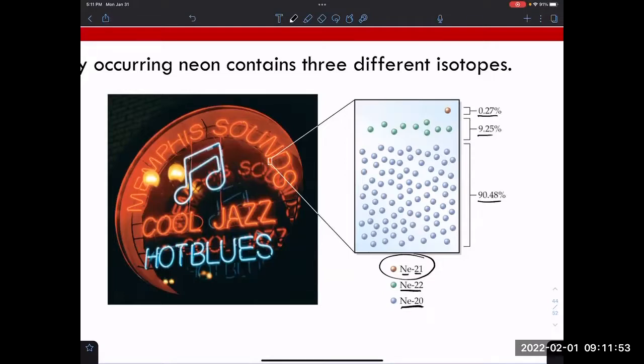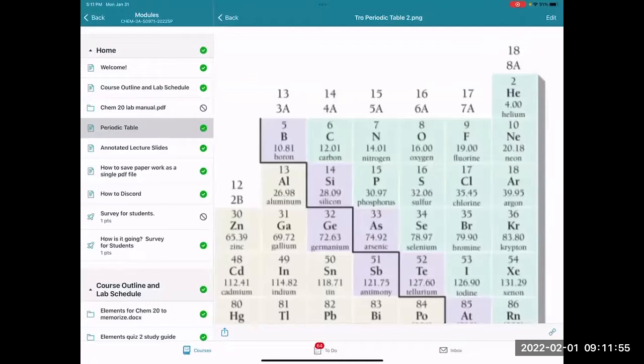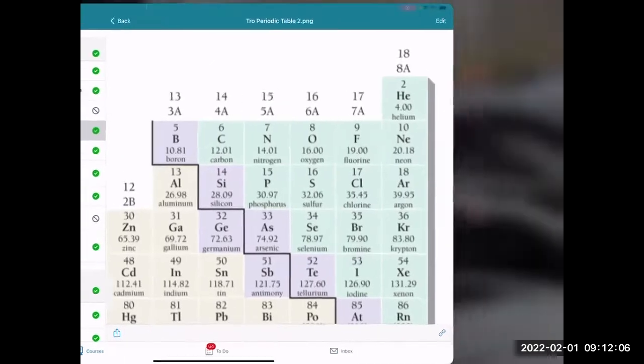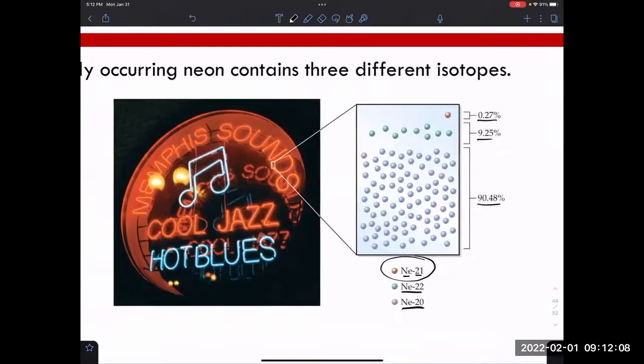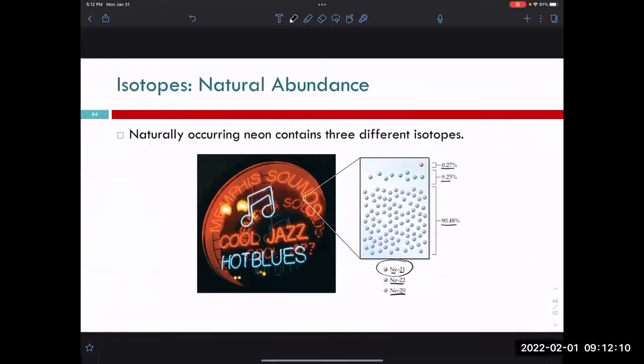So the number actually on the periodic table that we get here, this neon 20.18, is the weighted average of all the different natural abundances. And that'll be the last thing that we cover for this section, how to calculate that. So they all have these naturally occurring isotope abundances.